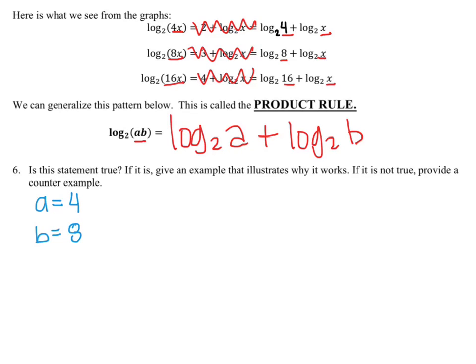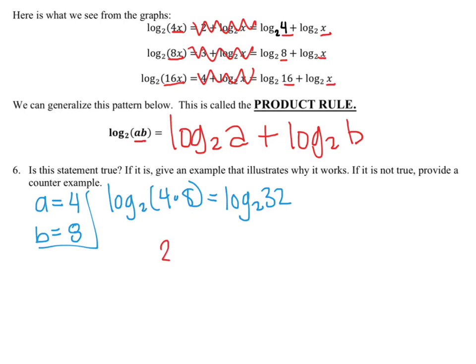And I'm going to see, well, what is log base 2 of 4 times 8 equal to? Well, 4 times 8 is equal to 32. Two to the 5 is equal to 32. So log base 2 of 32 is just equal to 5.